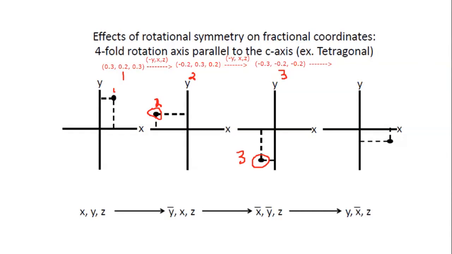So again, we're going to do another negative y, x, z. So we're going to take the new x as the negative of the y, so it's going to be 0.2, negative 0.3. This shouldn't be a negative here. 0.2.